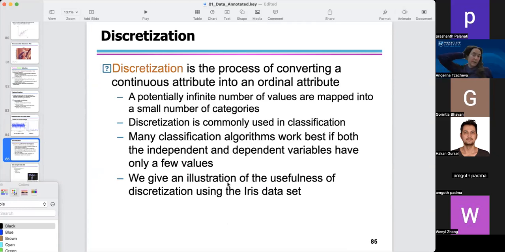Discretization is another very helpful technique because it allows us to create intervals. So let's say we want to determine if the customer is profitable or if we want to give a loan to these particular customers.